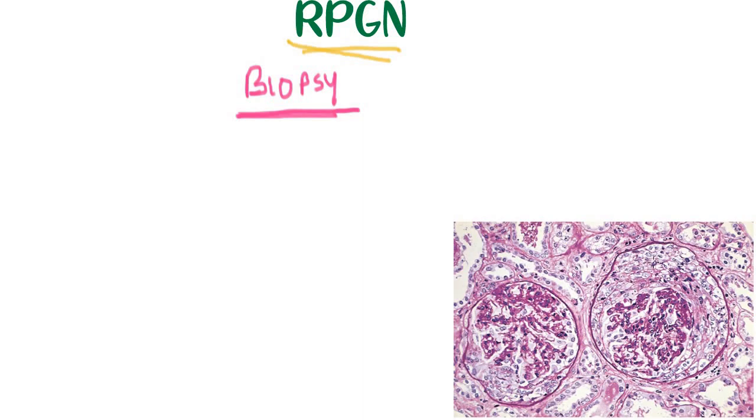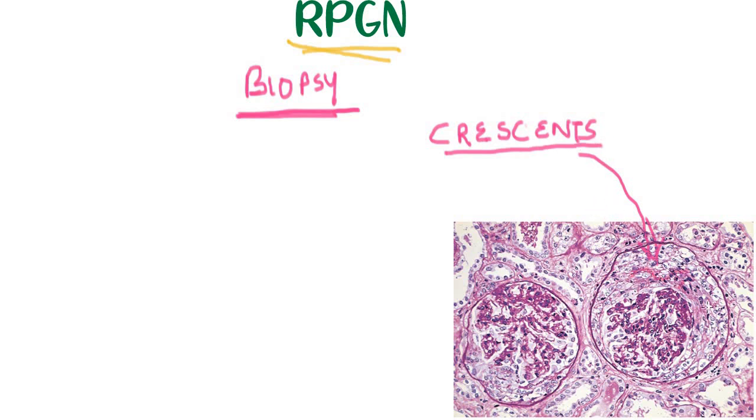What we will see in the biopsy of the kidney is pathognomonic of RPGN. This is the histological picture, and what is most important is the formation of crescents within the glomeruli.